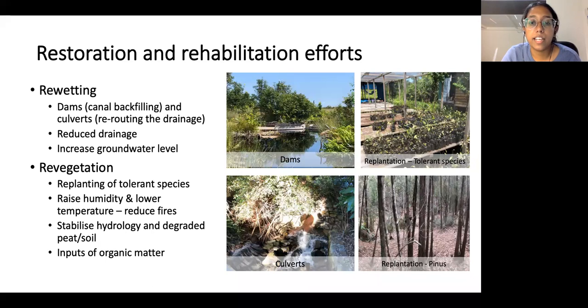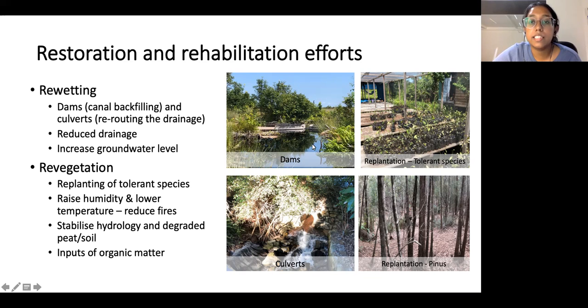For North Stradbroke Island, they construct culverts to ensure the rerouting of drainage to where your swamps or your marshes or your creeks are. And for the Sabangau peatlands, they usually block the canals using dams so that water can overflow out to the catchment, especially to increase the groundwater level of the peatlands.